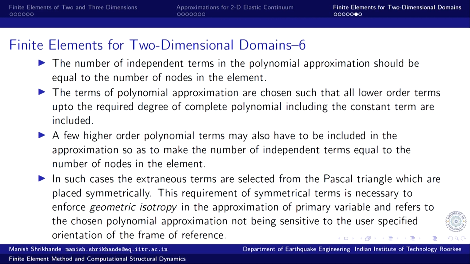So, this requirement of symmetrically placed terms in the Pascal triangle is necessary to enforce geometric isotropy. That is what we discussed a little while back. Avoid having a preferential direction too heavy in one particular coordinate direction.